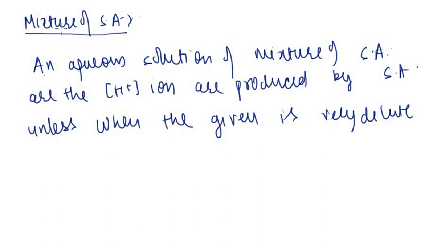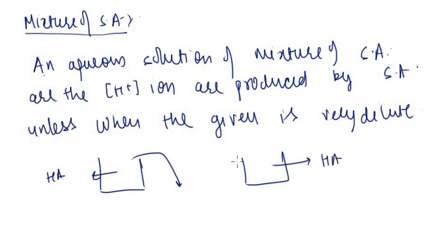That whenever the solution is dilute, like whenever you have a solution like strong acid HA, and here you have another solution, a strong acid of HB, and you are mixing both of them. So let's say you have a very dilute solution.